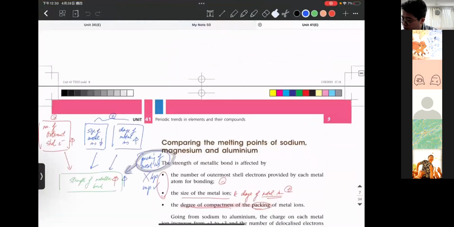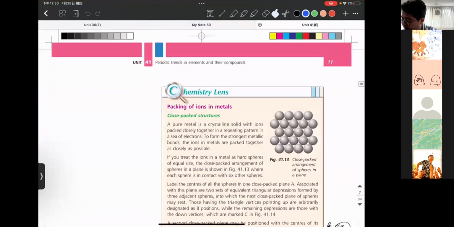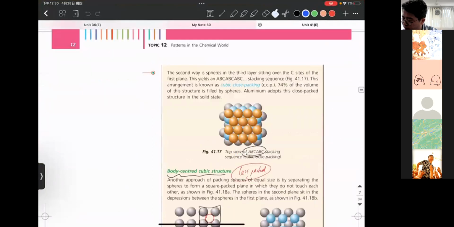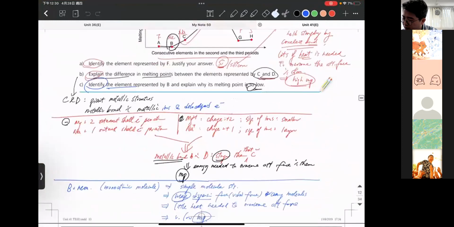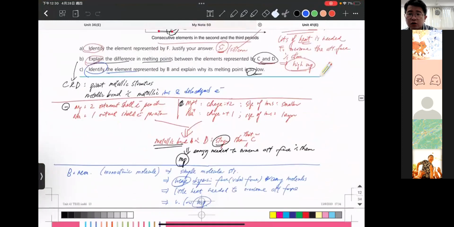All right. So last time we talked about the variation of the melting point of period 2 and period 3 elements. So you may find some of the keywords in the paragraph, right? In the paragraph-length answer, you need to go back to bonding and structure of those different particles.